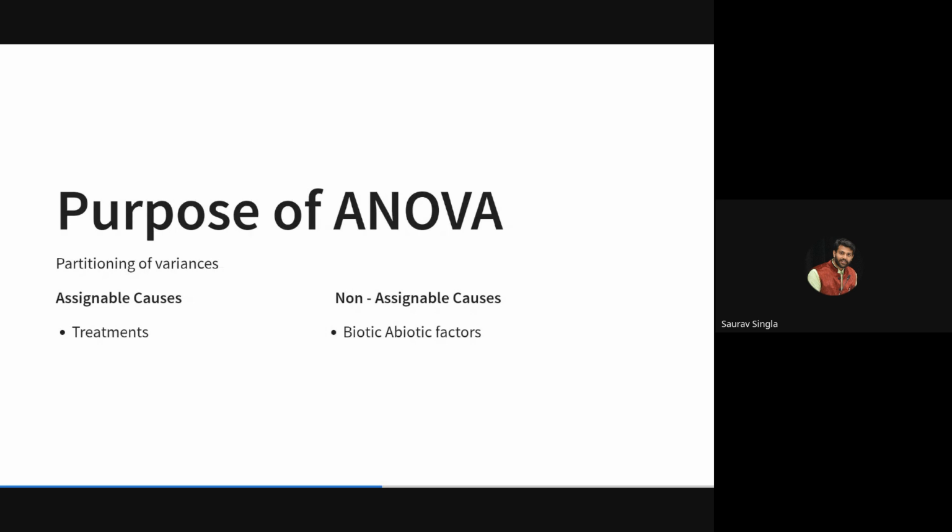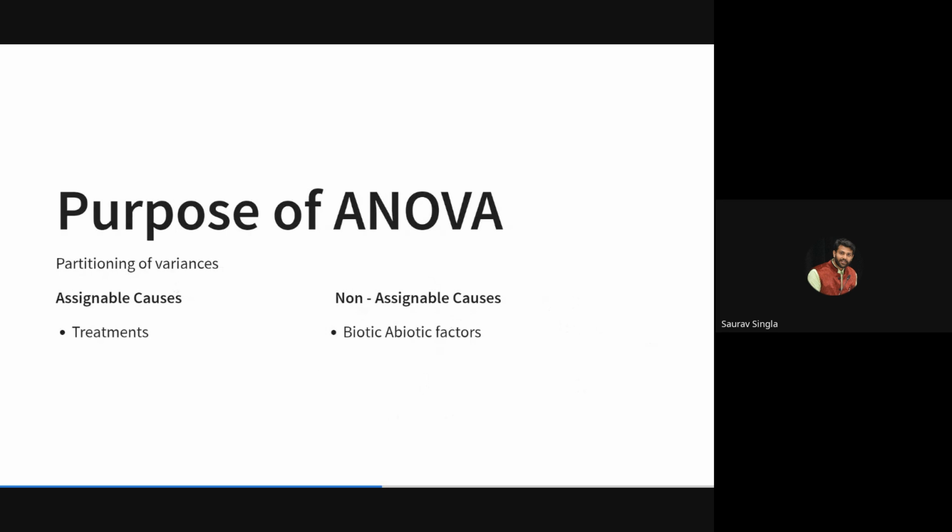We will look into that in the next slide. So now I think we are clear what the assignable and non-assignable causes are, and ANOVA has the capability to partition the variation caused by assignable causes and non-assignable causes. Based on this partition, we are able to learn whether the variation caused by the treatment is higher than the variation caused by the biotic and abiotic factors, which usually falls into the error.